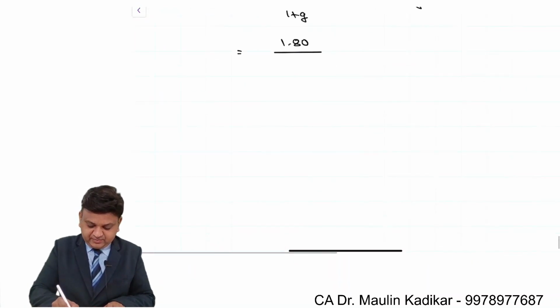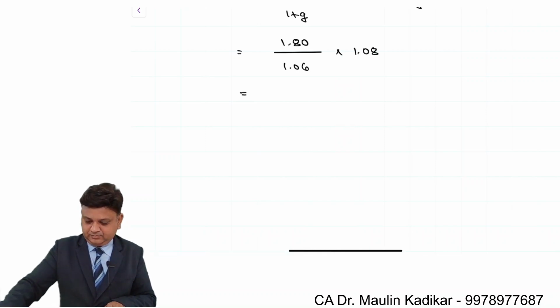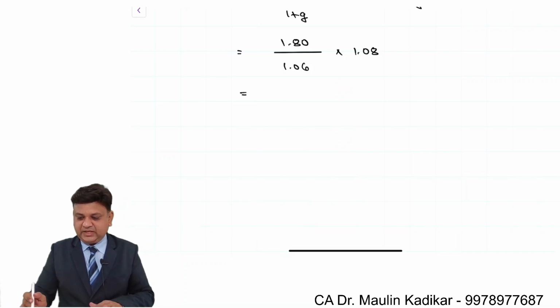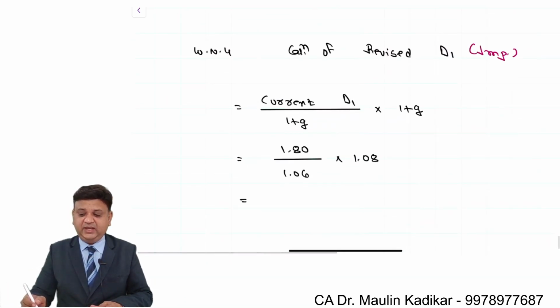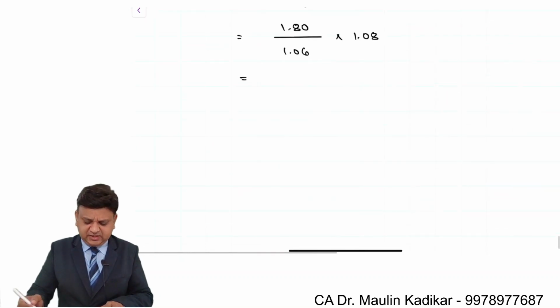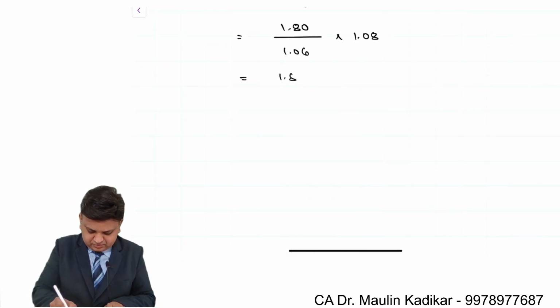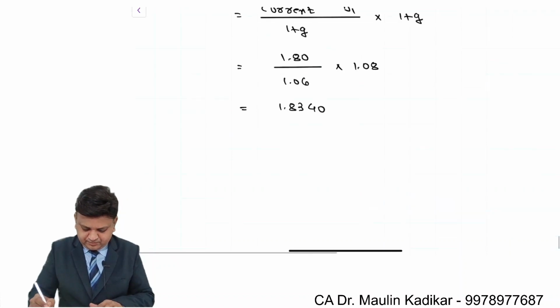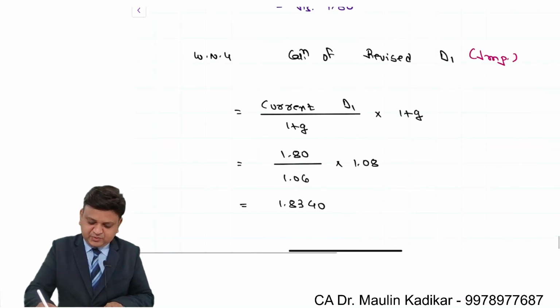So divided by 1.06 into 1.08. That comes to 1.8339 or 1.8340. That is the way we are supposed to make the computation of the D1.